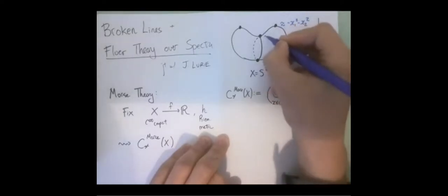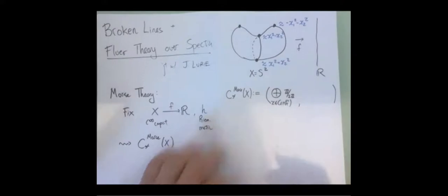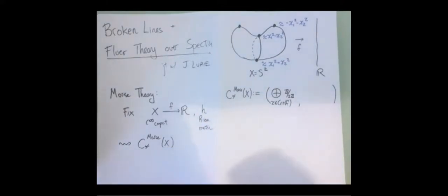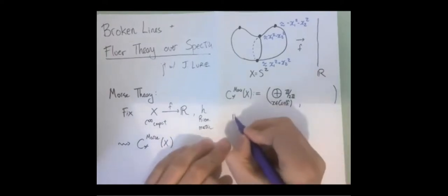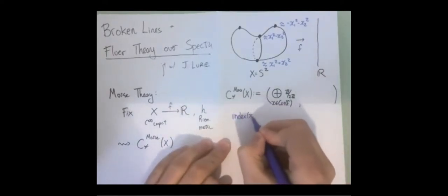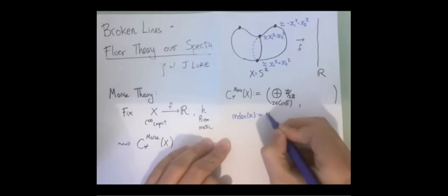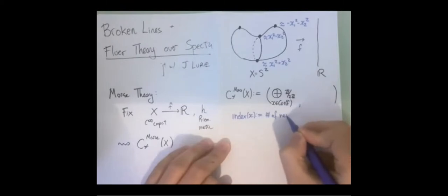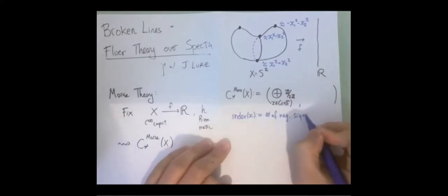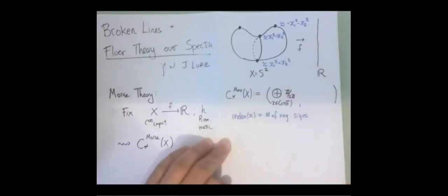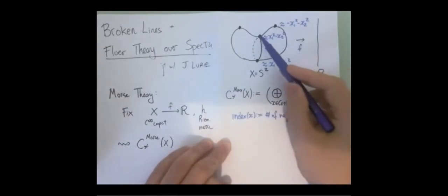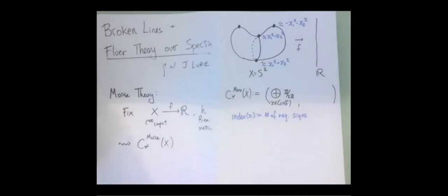And near this critical point, it'll look like x1 squared minus x2 squared. By definition, the index of a critical point x is just the number of negative signs in this quadratic expansion. So we have a point of index 2, a point of index 1, and a point of index 0 in this example.